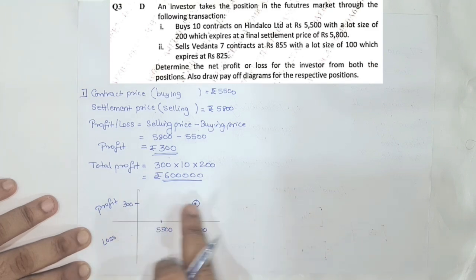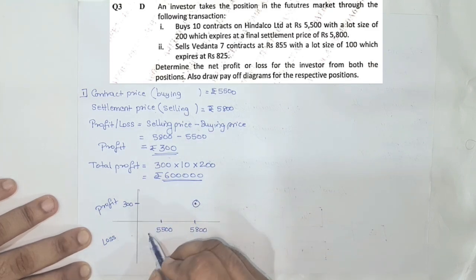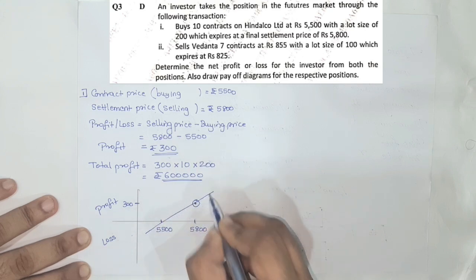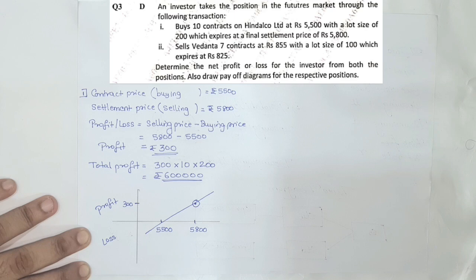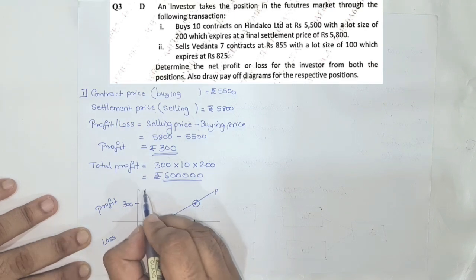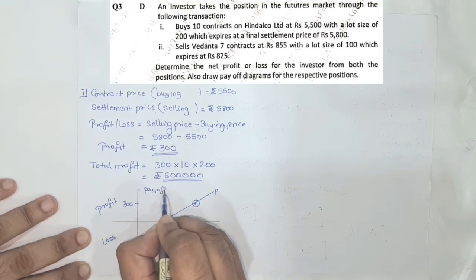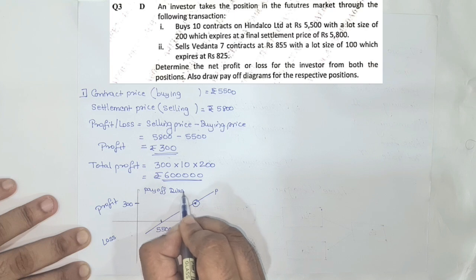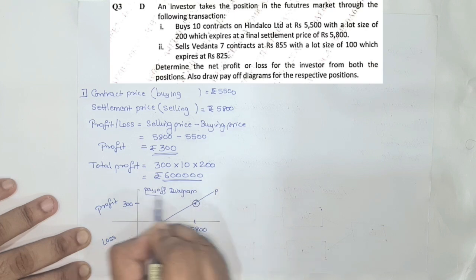At settlement, this is the profit I have earned. From my buying, my contract price, we draw the graph. This was my profit of 300 rupees per contract size. This is how you make the payoff diagram. I can write here: payoff diagram. This was for the first scenario.